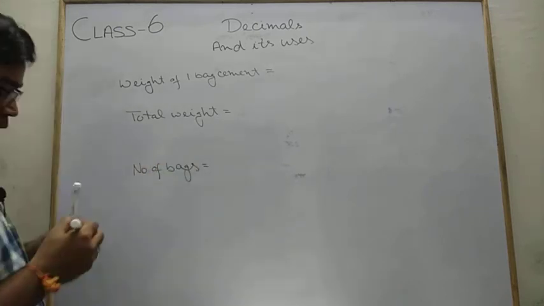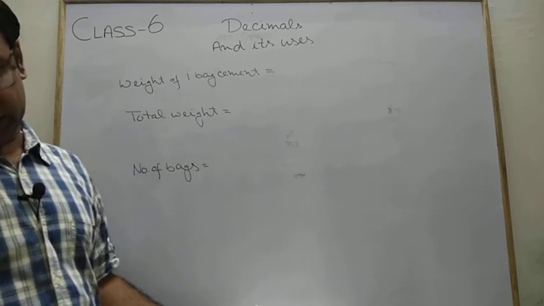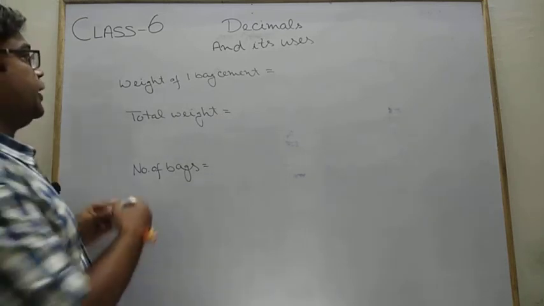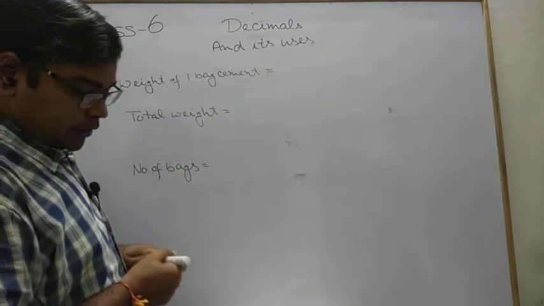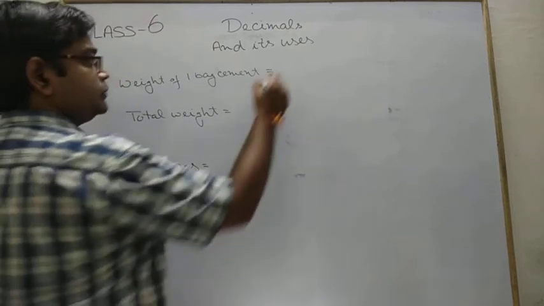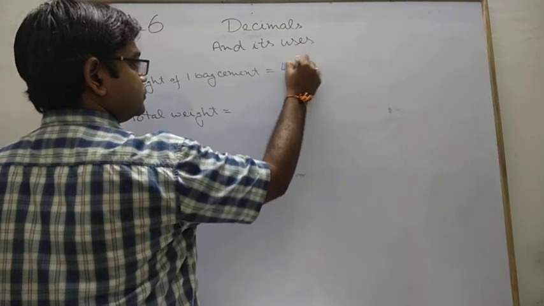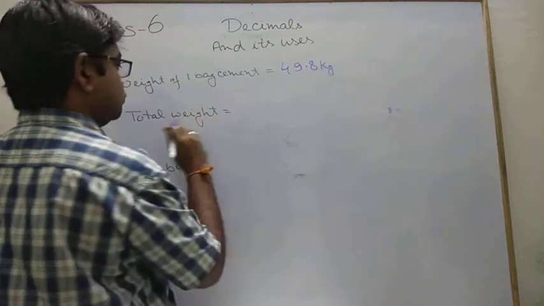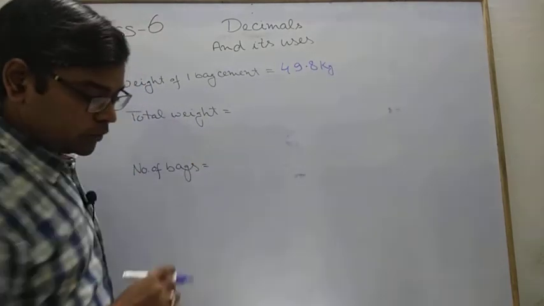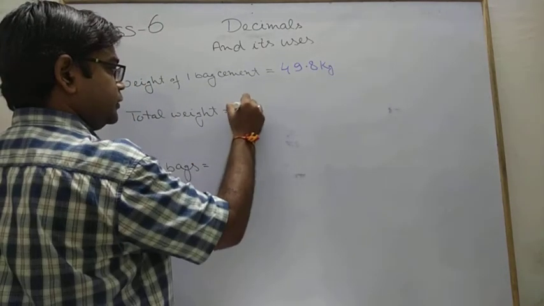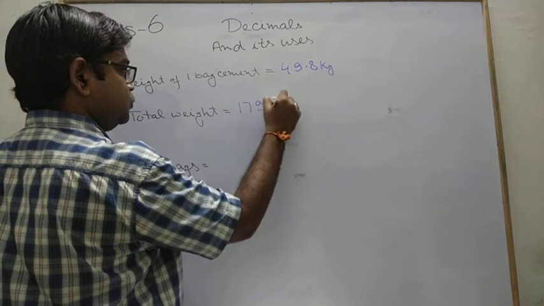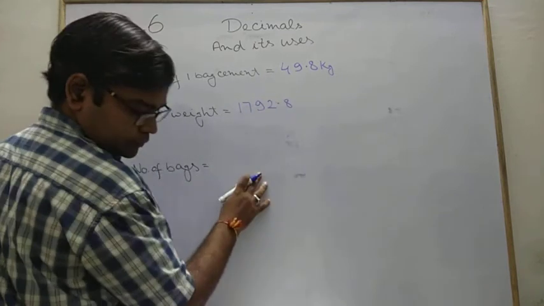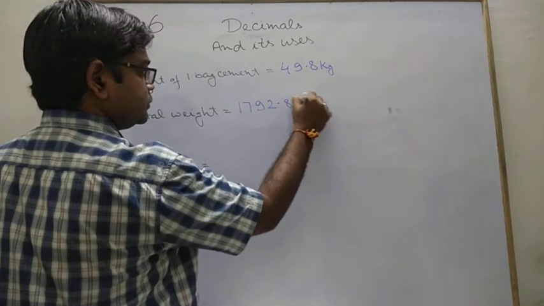Clear how we find these things? So weight of one bag is given, it's 49.8 kg. Total weight is given to you, it's 1792.8 kg.